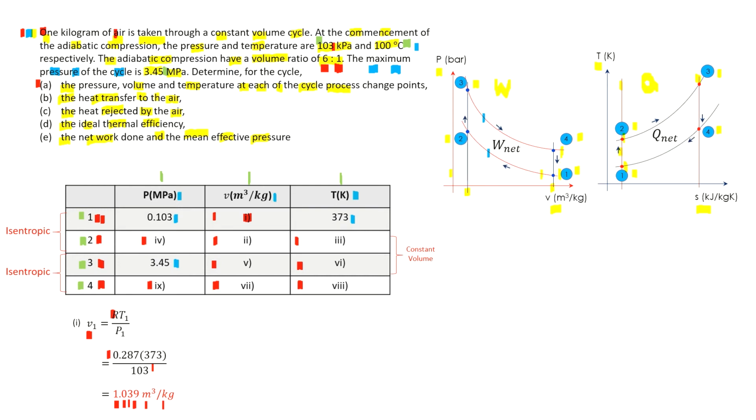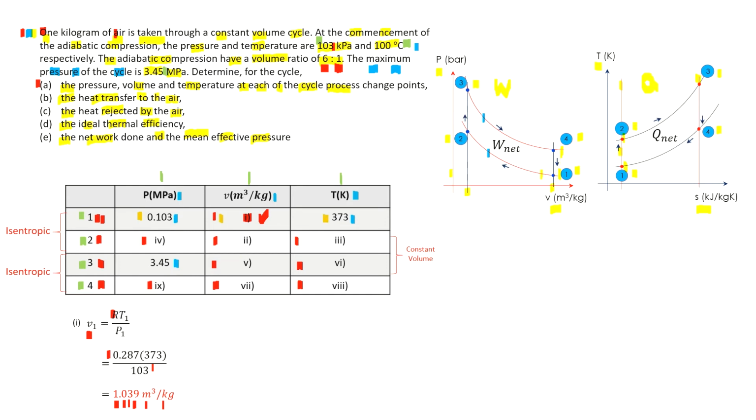So once you have found the volume at state point 1, now you have the pressure, you have the volume found, and the temperature given.